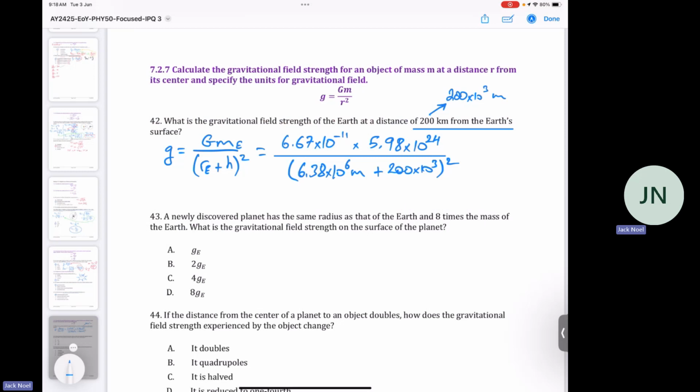If you put all of this in the calculator, it's going to give you that the gravitational field strength 200 kilometers away from the surface of Earth is about 9.21 meters per second squared.